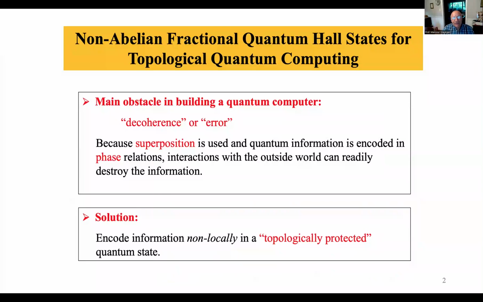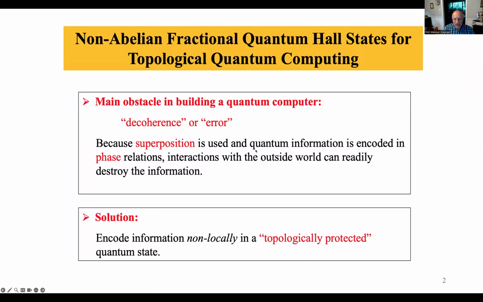So the non-Abelian states, why are these interesting, and this topological quantum computing? One of the main obstacles in building a quantum computer is decoherence or error. And this is because superposition is used and quantum information is essentially encoded in phase relations.